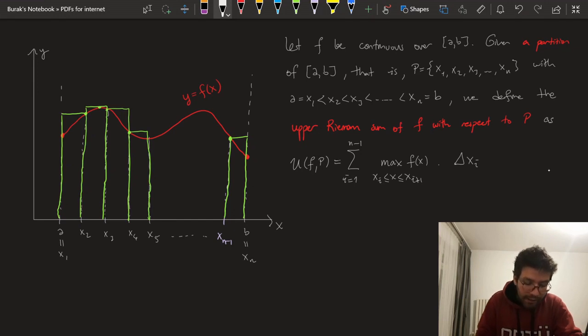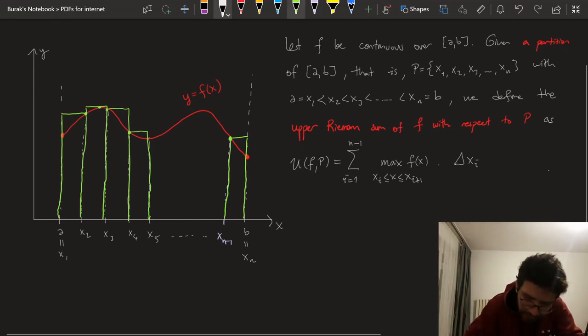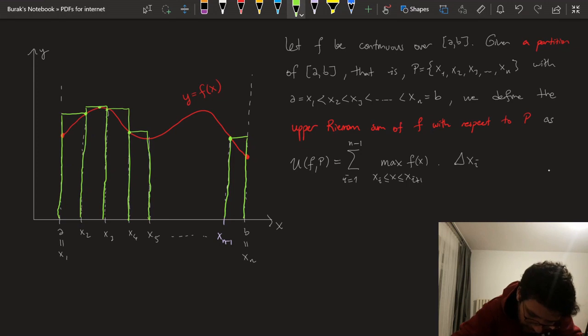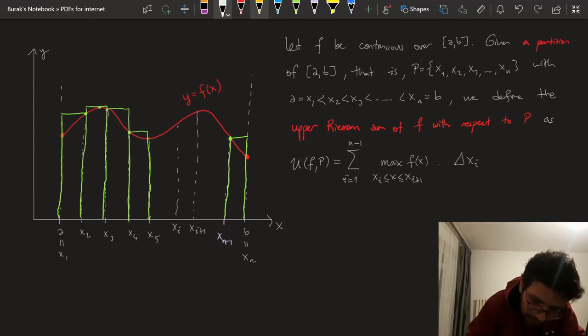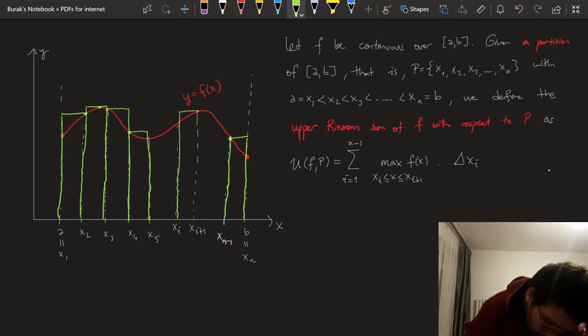If you pick some arbitrary rectangle over here, let's say you pick this, pretend this is xi, this is xi plus 1, and the maximum value of the function is over here, and this is your rectangle. What is the area of this rectangle?